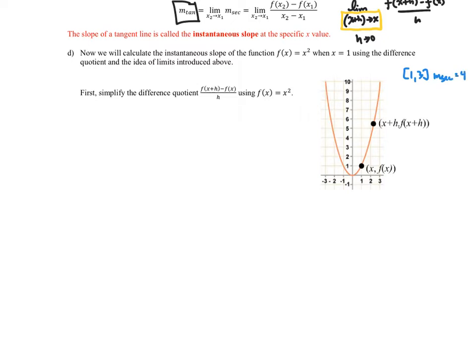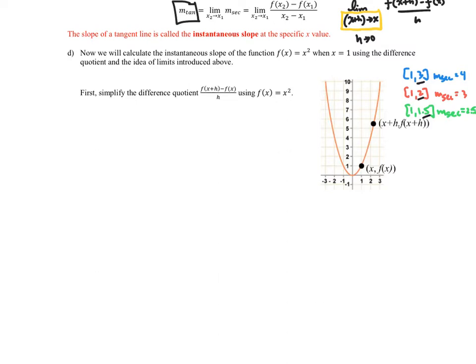Then we had the slope from 1 to 2 of the secant line was 3. And then from 1 to 1.5 was 2.5. So what is happening to this second value? Well, it's approaching 1, right? Or h, the distance in between, is approaching 0.